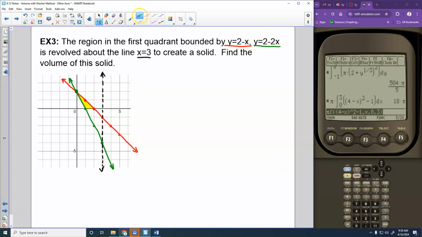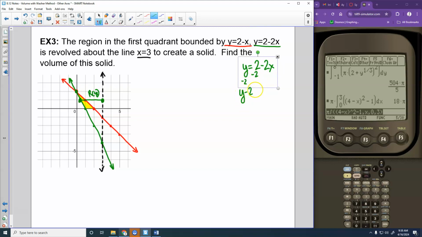So that would be our capital R of x. Or, well, actually, no, not capital R of x. What should we be doing? Capital R of y. So we need to make them equal to y. So if we take this green one here, y equals 2 minus 2x, I'd need to subtract 2.